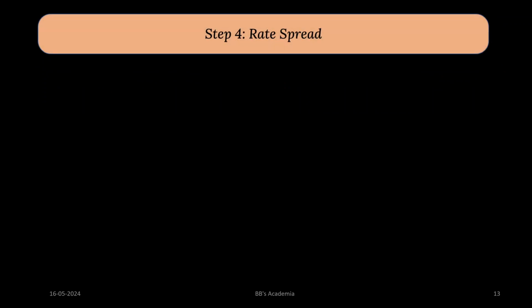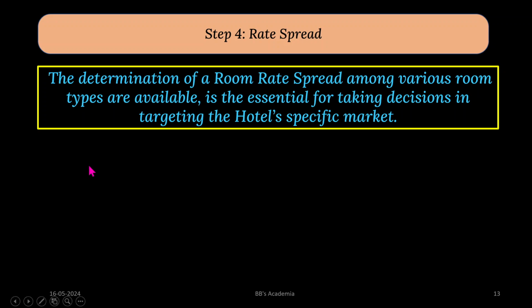Rate spread. The determination of room rate spread among various room types available is essential for taking decisions in targeting the hotel's specific market. Okay. Now, rooms sold as a double room, rooms sold as single occupancy. If you know this figure, if you know the spread, then definitely accordingly you can emphasize on the target market. This figure will tell you which target market is more popular for your hotel.